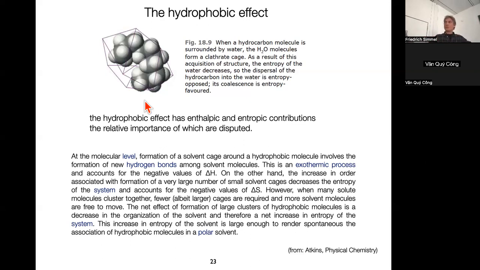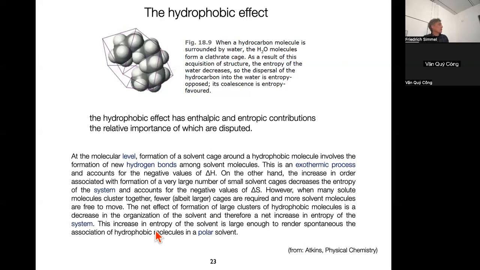And these water molecules gain in entropy because they now can move freely as they want. They are not bound there. And this is a major entropic driving force for this process. And of course, also enthalpic contributions play a role, maybe between these hydrophobic molecules themselves and also the hydrogen bonding of the water.